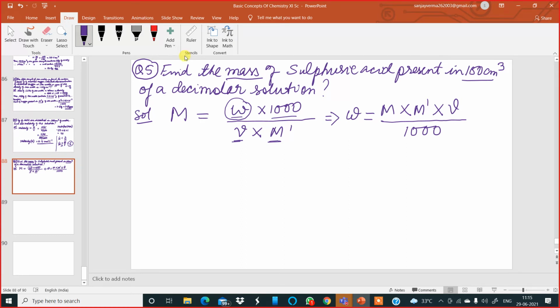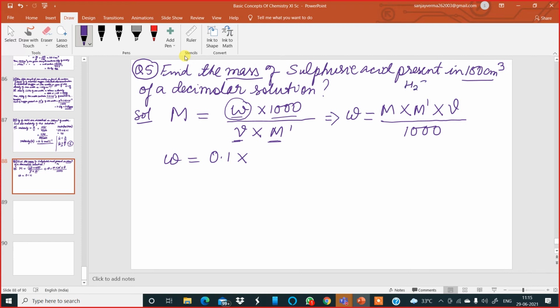So now I will put the values over here. w is equal to, what is M? Molarity is decimolar, no? Decimolar means 1 by 10, and 1 by 10 means 0.1. So I'll write 0.1 into M'. The molecular mass of sulfuric acid can be calculated mentally.